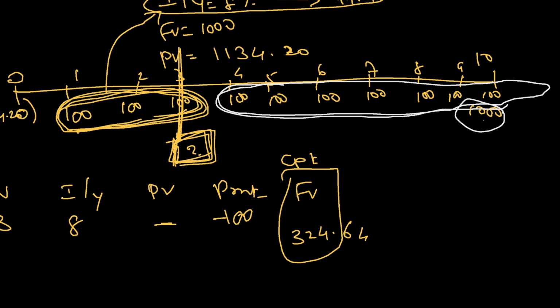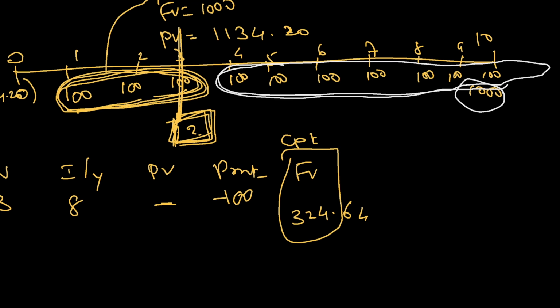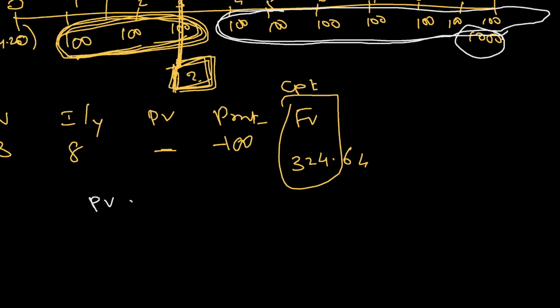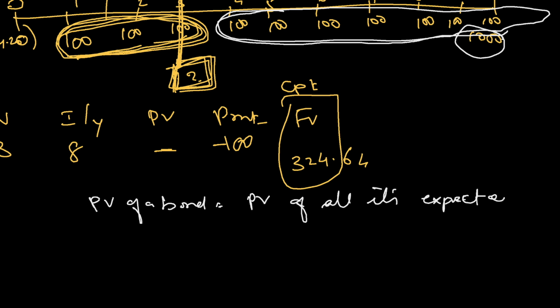So remember this line: present value of a bond is equal to the present value of all its expected future cash flows.